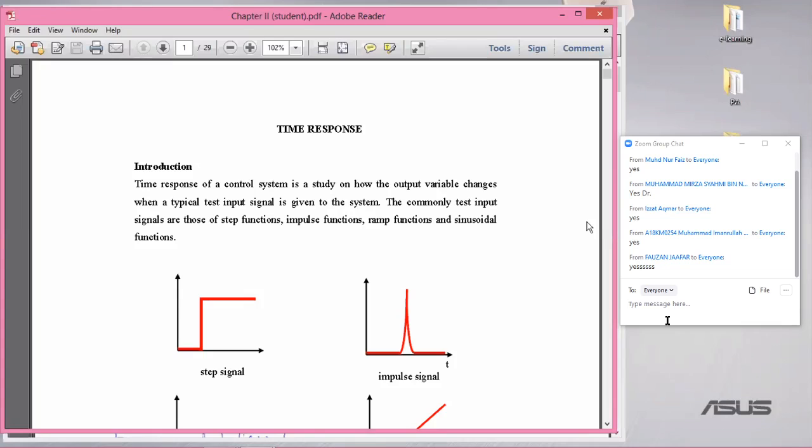Now you have a precise relationship between input and output. So today, the natural progression from there is we want to analyze how the output will respond to a certain type of input variable.